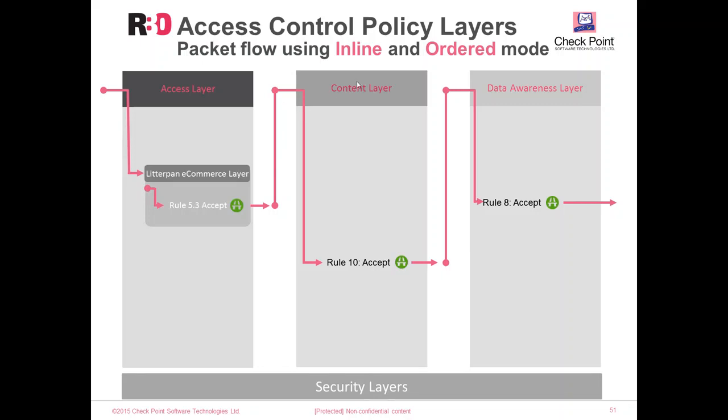The next ordered layer is going to be the content layer, so we're going to be inspected from top to down. We're accepted by rule number 10, so we move forward to the next ordered layer, in this case the data awareness layer, and we're going to be inspected from top to down, and we're going to be accepted by rule number 8, and traffic is moving forward to the final destination.